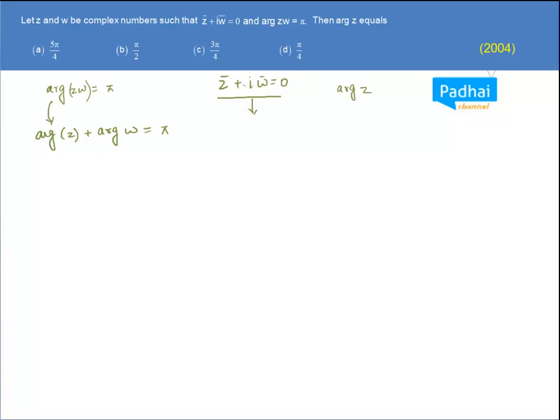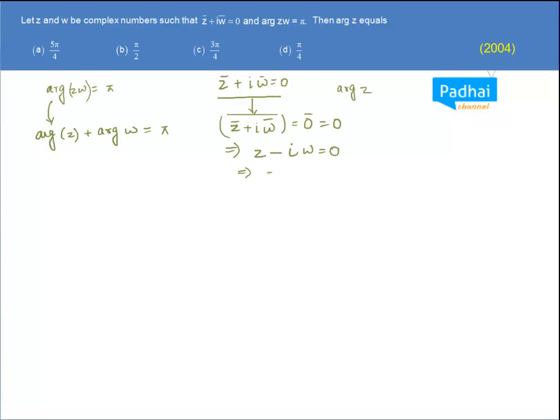So if I take the conjugate on both the sides, let's say Z plus this conjugate is equal to 0 conjugate, which is nothing but equal to 0. So this implies this will become Z, conjugate of Z will be Z only, minus iota. Why? Because the conjugate of iota is minus iota, and conjugate of omega, already in conjugated form, will be omega.